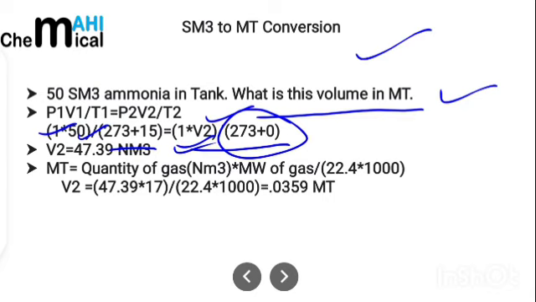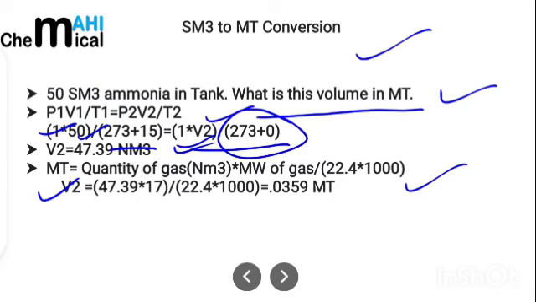Now in the second step we are going to convert this Nm³ to basically metric tons. So metric ton is basically quantity of gas in Nm³ into molecular weight of gas divided by 22.4 into 1000, that I have already told you.